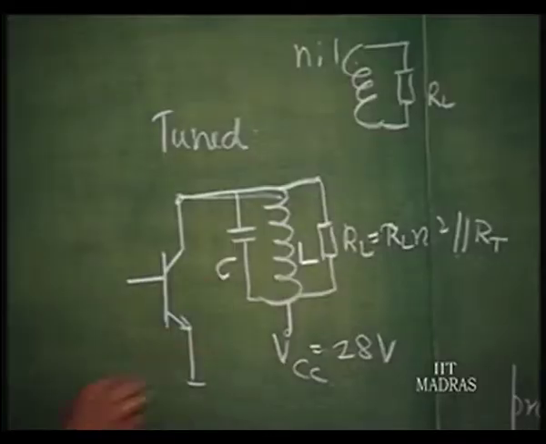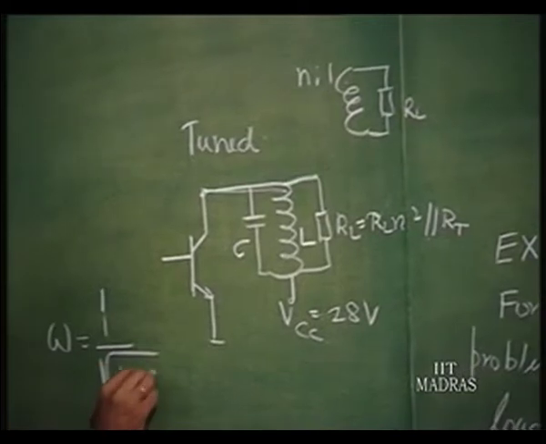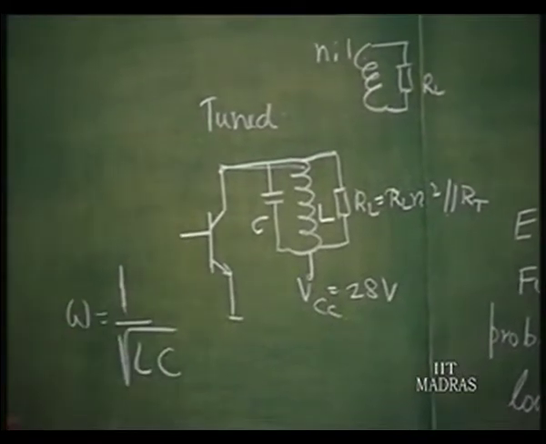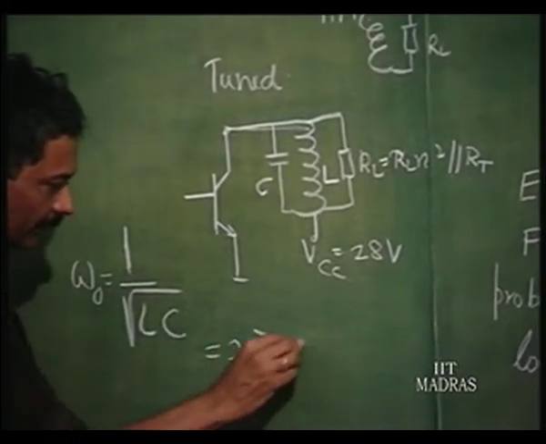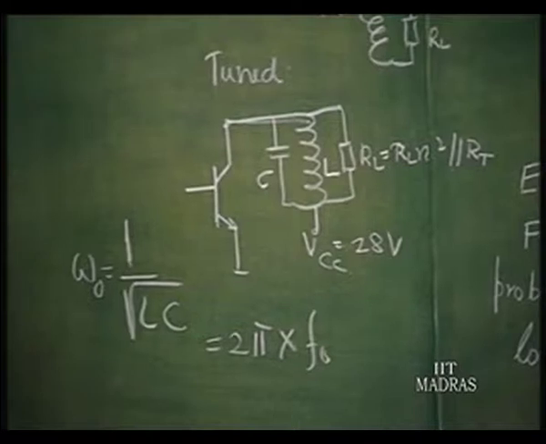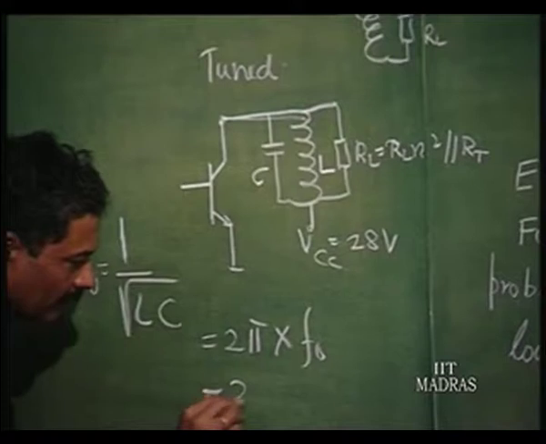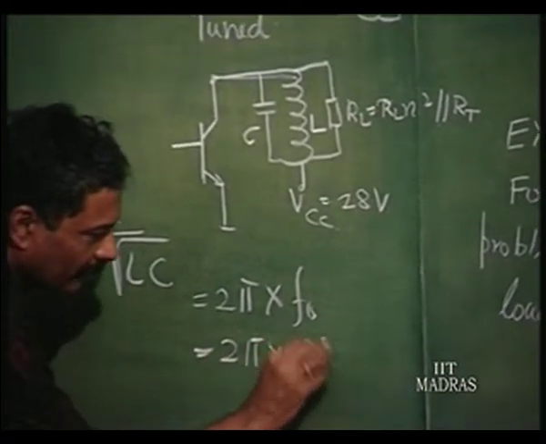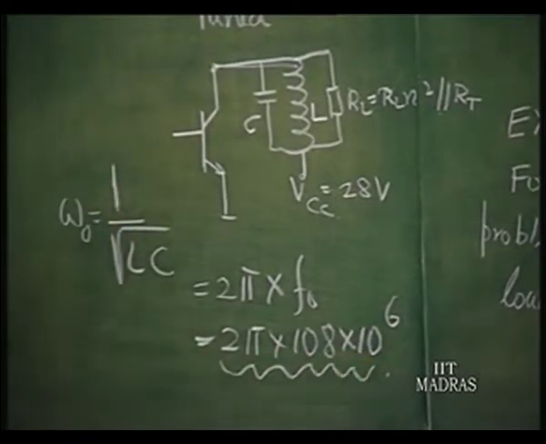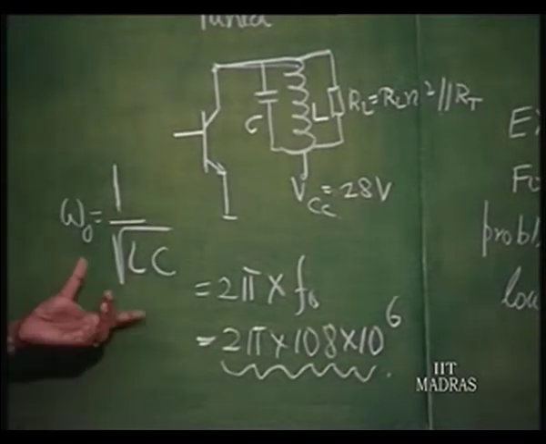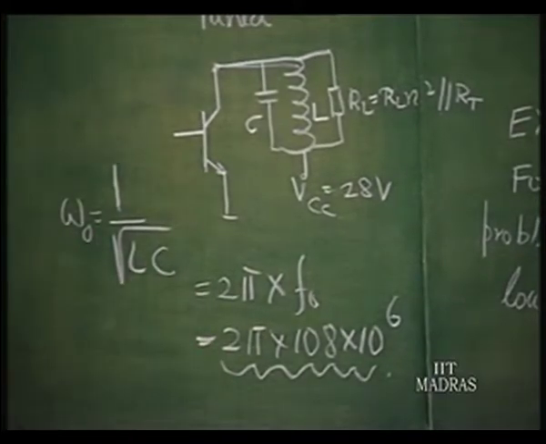What it means is omega is equal to 1 over root L into C. This should be omega naught, which is 2 pi into f naught, the frequency at which we want to transmit. That was 108 megahertz, 2 pi into 108 megahertz, from which we can evaluate the LC product that is necessary to establish this.